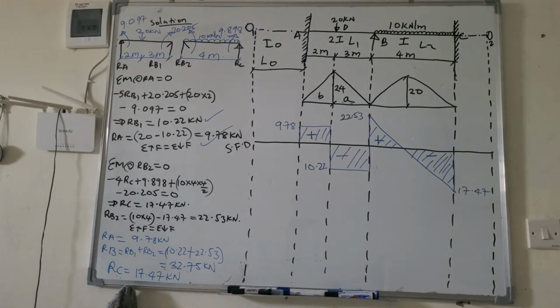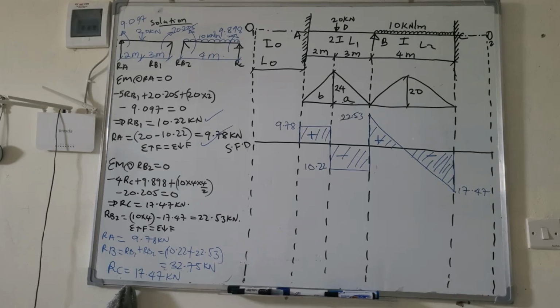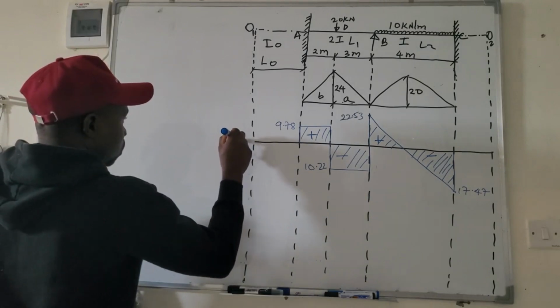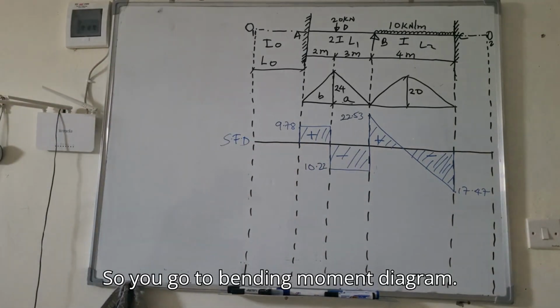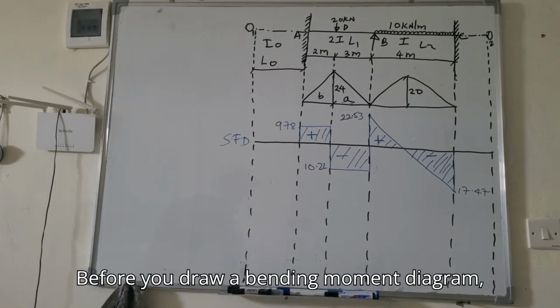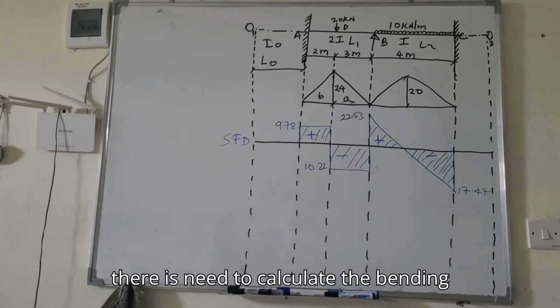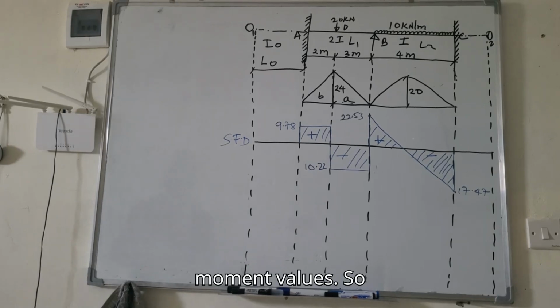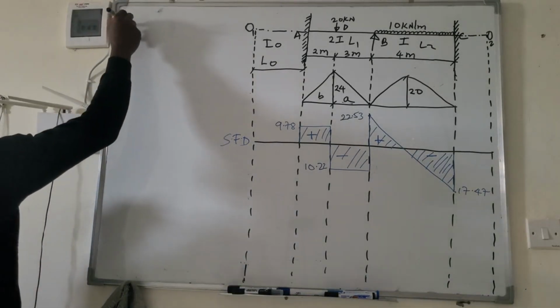And the next thing to do is to go for a bending moment diagram. Before you draw a bending moment diagram, there is need to calculate the bending moment values.